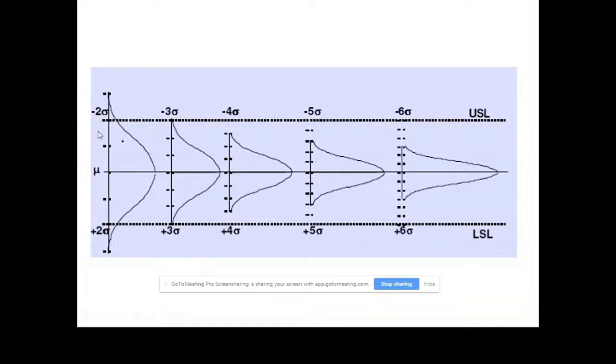So it should be minus 200 here and plus 200 here, if my mean is 0, assuming the target is plus 200 and minus 200. So this particular process is where I'm able to fit 2 standard deviations between the USL and LSL.